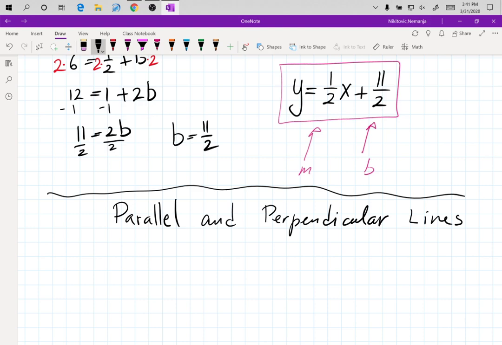So 2 lines are parallel, meaning the separation between them is the same, if the slopes of the 2 lines are the same. So 2 lines are parallel, right? 2 lines are parallel if their slopes are the same.